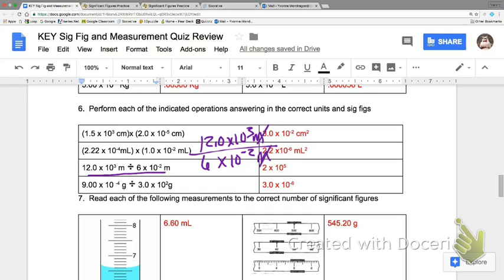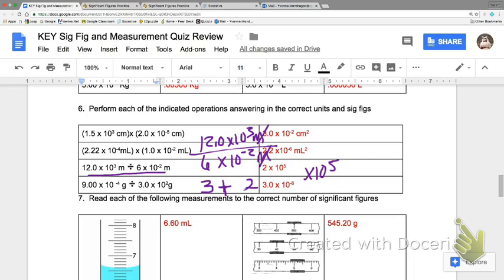Remember we said we're going to subtract the exponents. Here we have 3 minus negative 2. When you subtract a negative, it's the same thing as adding its opposite. So what we have here is 3 plus 2, so our exponent is going to be times 10 to the 5th.